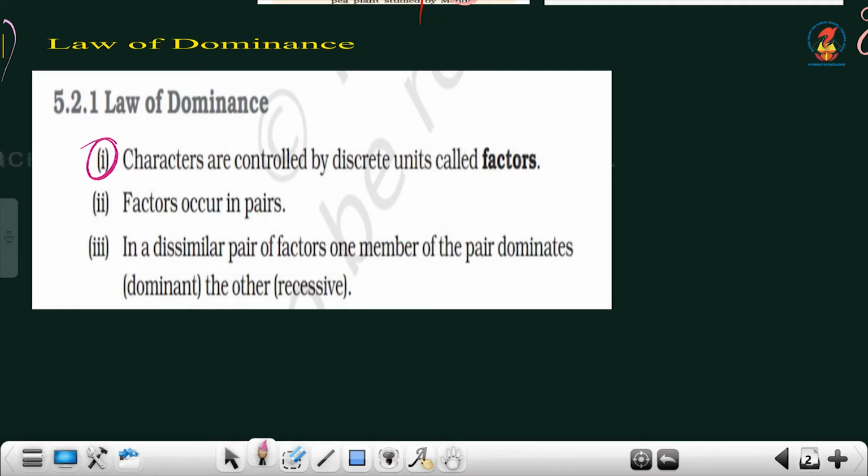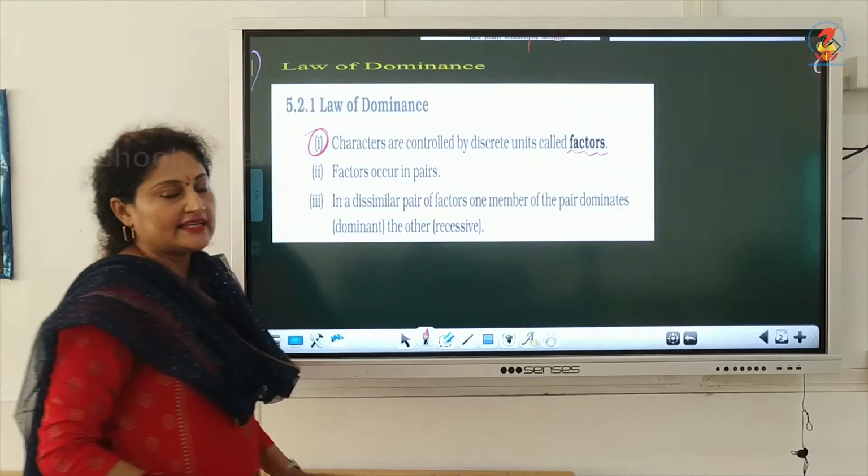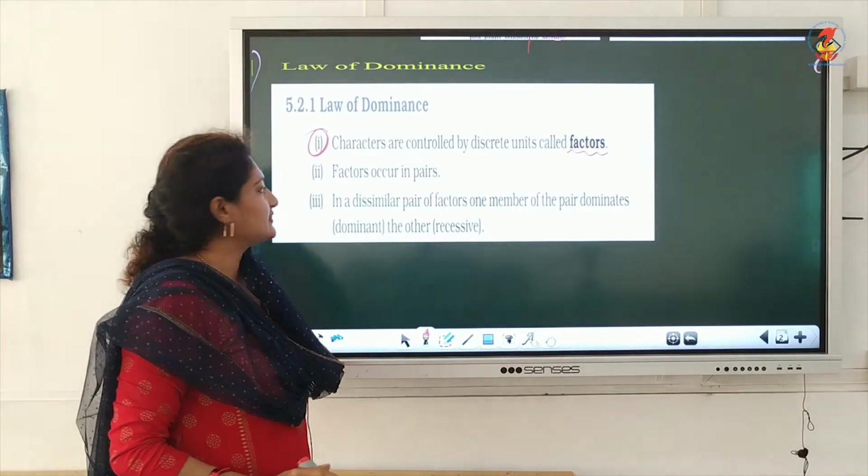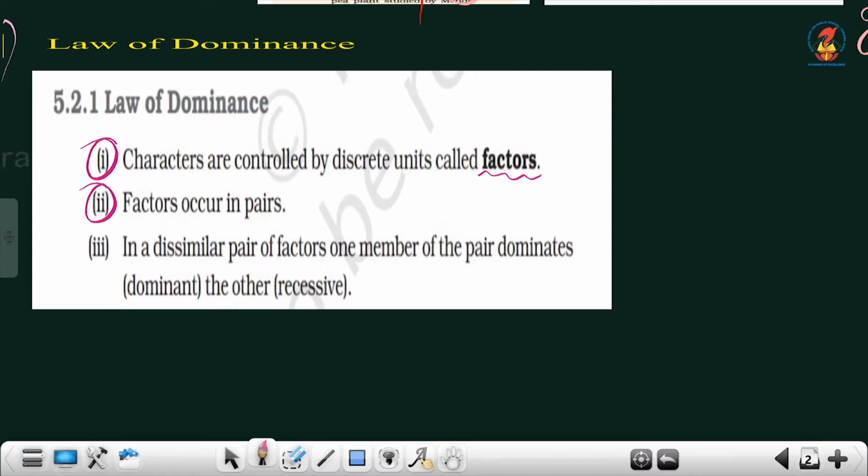So the law has 3 postulates. First, the characters are controlled by discrete units called factors. Any character is controlled by discrete units called factors. Second, factors occur in pairs. And third postulate, in a dissimilar pair of factors, one member of the pair dominates while the other member is recessive.